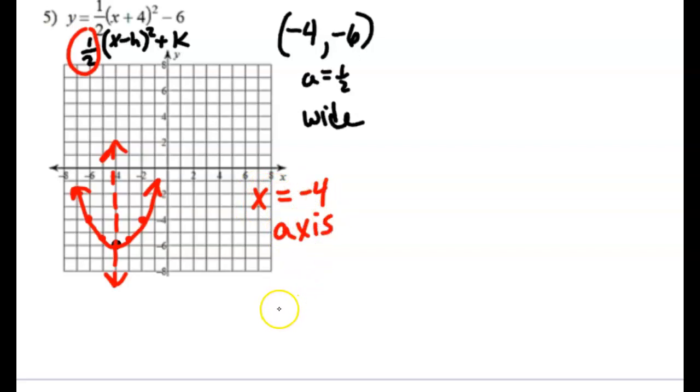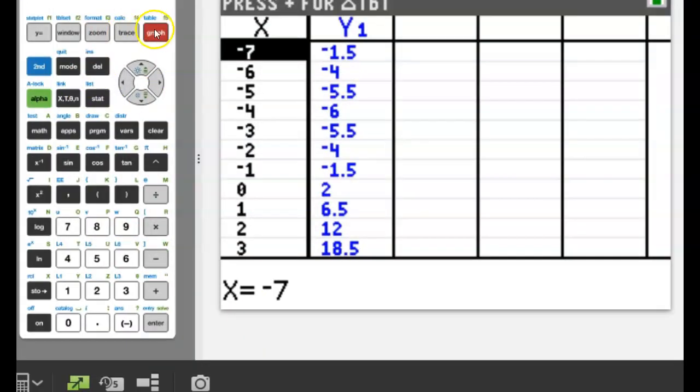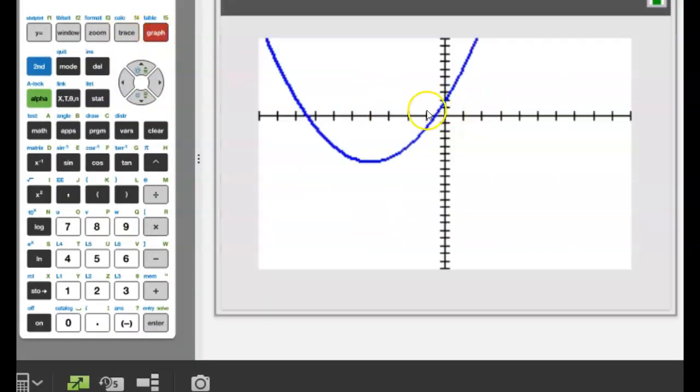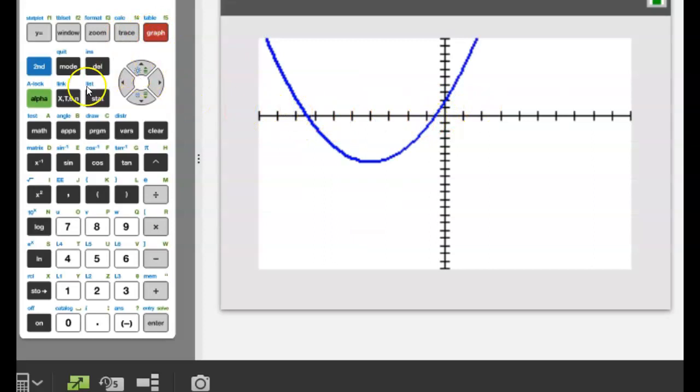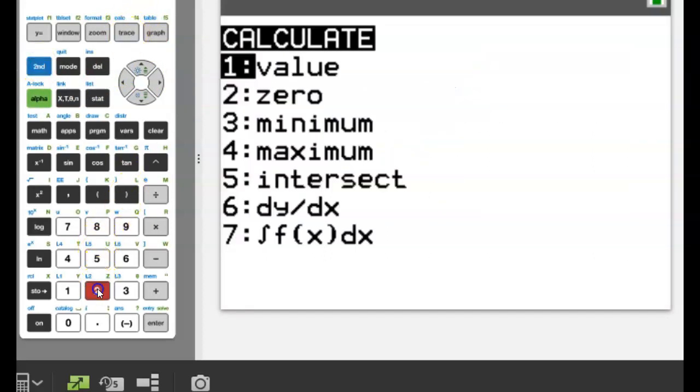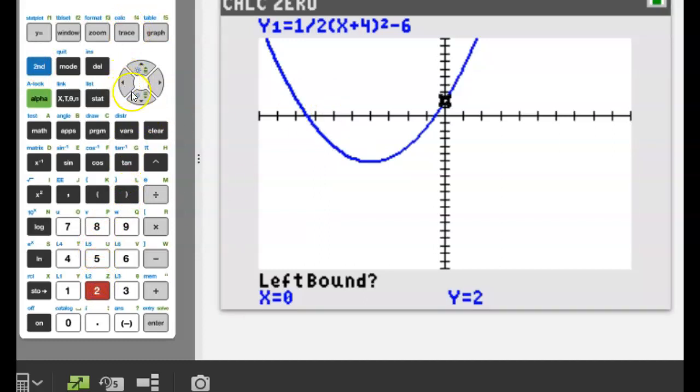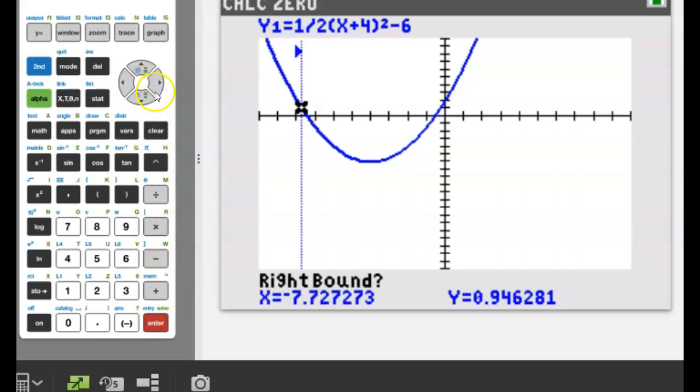Should we practice one more time with the calculator to find the zeros? It's somewhere between, you go 0, and then you would trace over here. If I want to find this one, I go a little bit to the left of it and I hit enter, and a little bit to the right of it, and I hit enter.